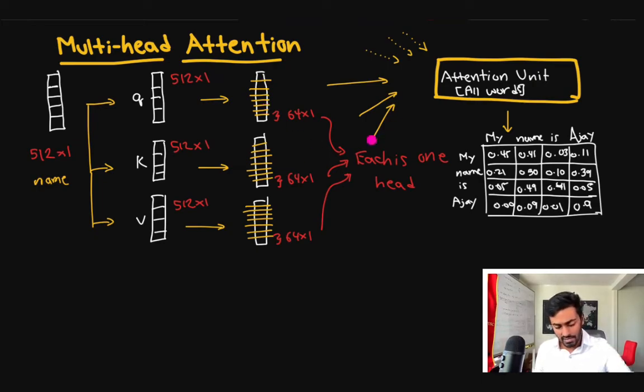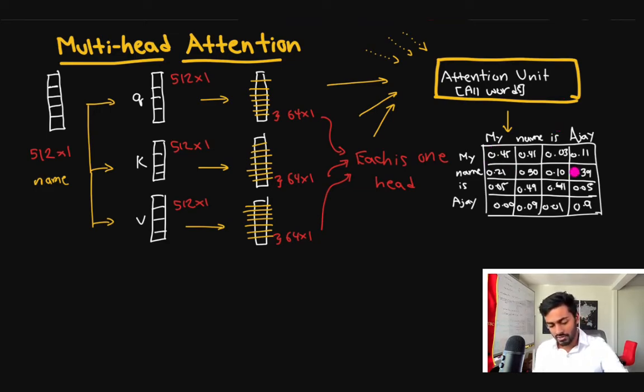Each of these is then fed into an attention unit, which we will code out very soon, along with all the other words too. This is just a breakdown of the word "name", but we also have "my", "is", and "Ajay", and all of them will be broken down in a very similar way and passed to an attention unit. For each head we're going to generate an attention matrix, which is sequence by sequence in length. In this case, it's 4 by 4 because there are 4 words in the sequence.